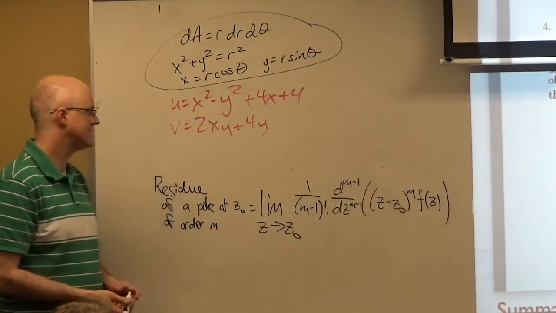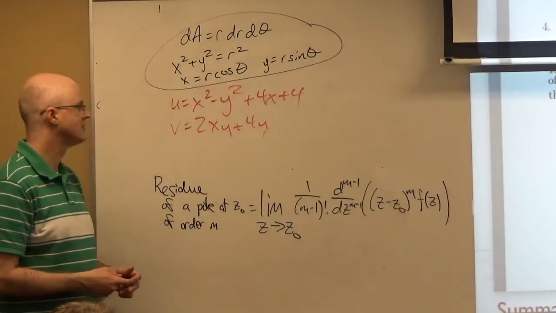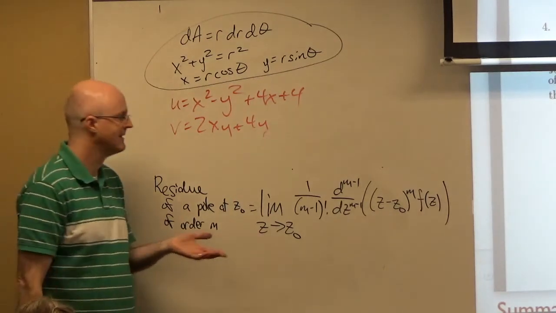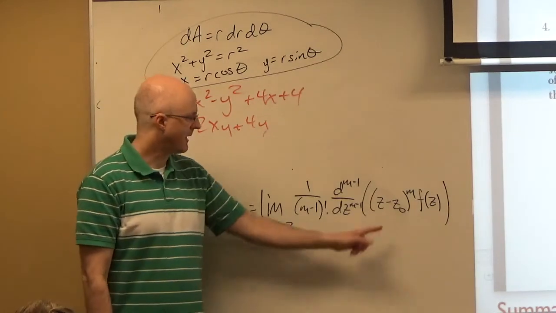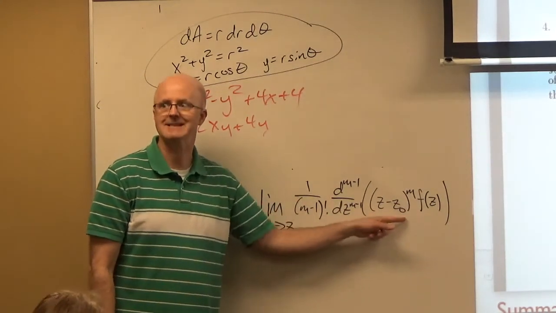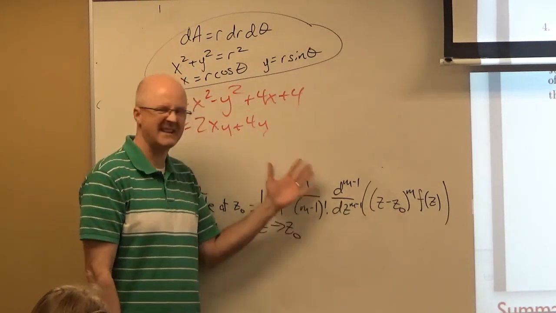That's the general formula. This formula is a bit of a pain to use if m is bigger than 2. It becomes kind of a pain, like if m is 3, because you have to take a second derivative of this thing. By the way, before you take the derivative, this product should be simplified by cancellation as much as you can. But you'd have to take a second derivative.